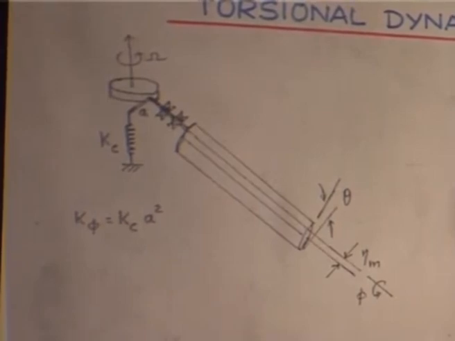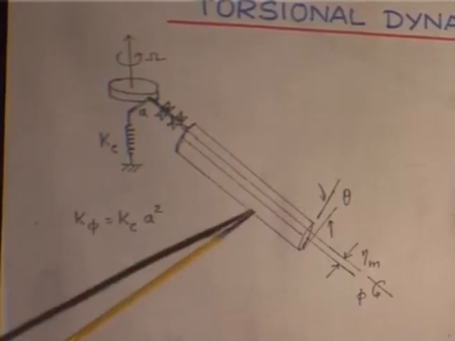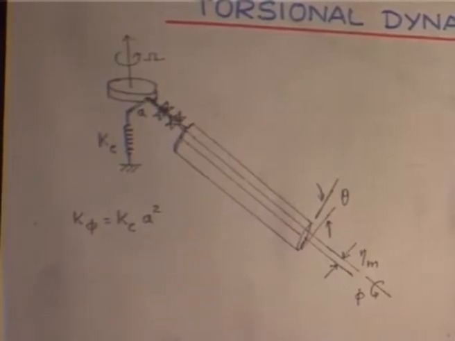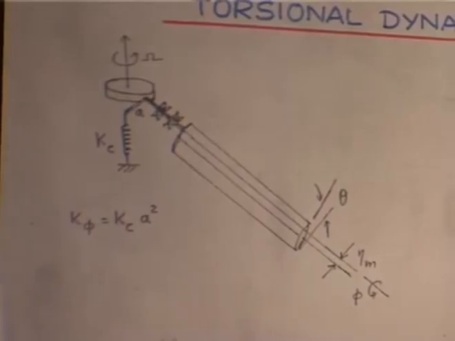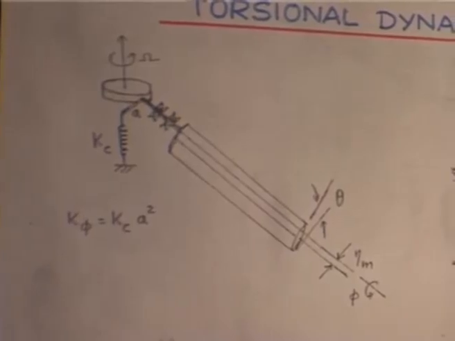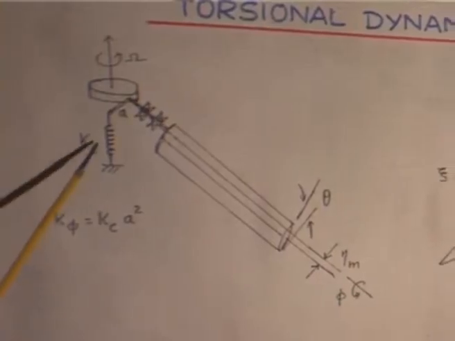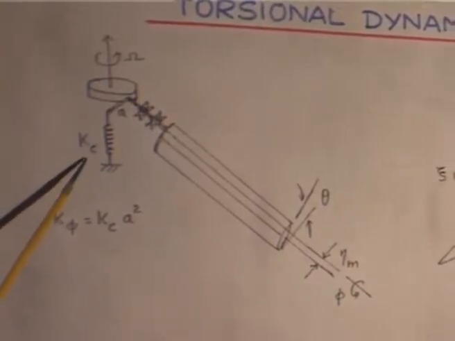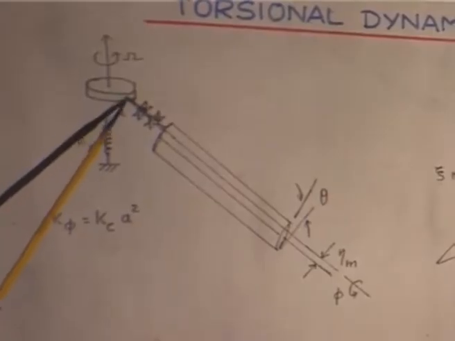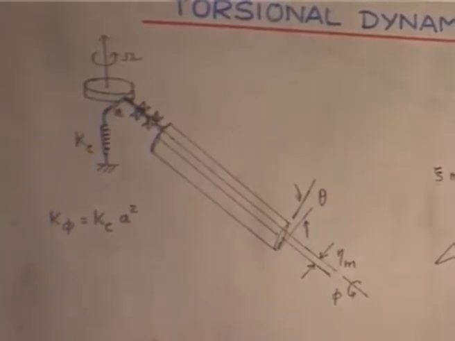You assume the blade is rigid, that means it is not torsionally soft, first assumption you make, okay. And this control system stiffness Kc with the offset A, because there is a linear spring here.